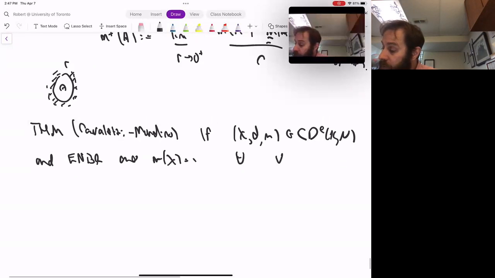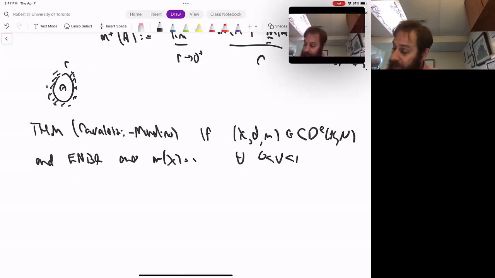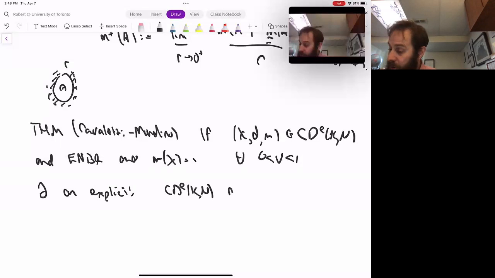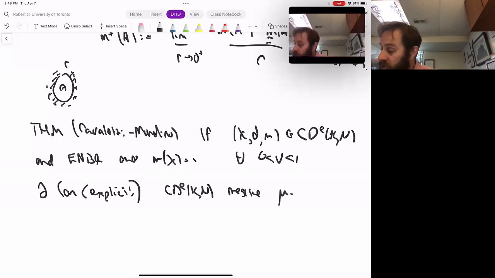For every volume fraction between 0 and 1, there is an explicit CD(K,N) measure mu, which depends on all the parameters.